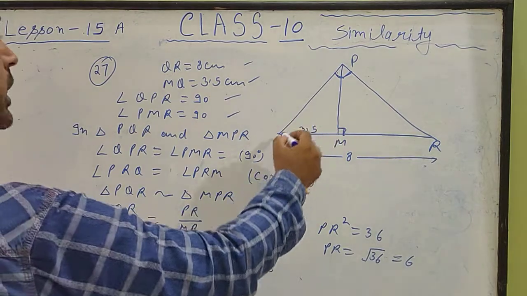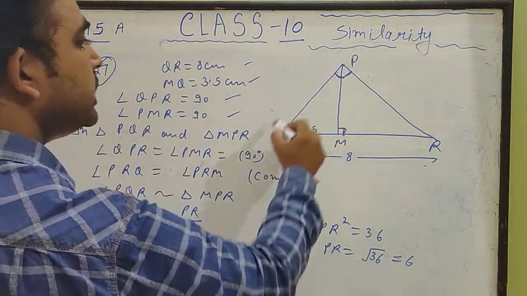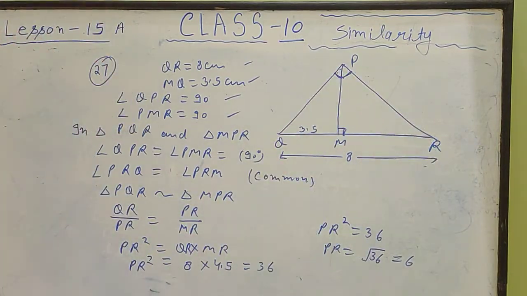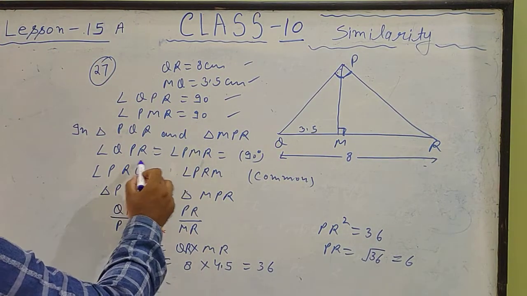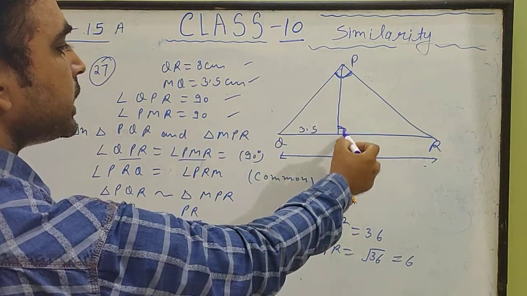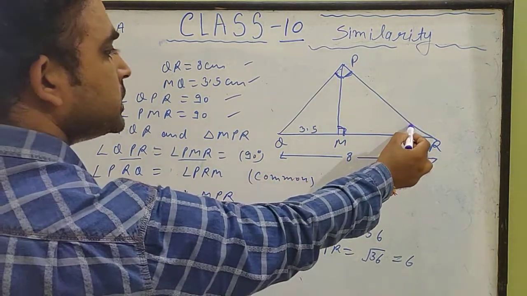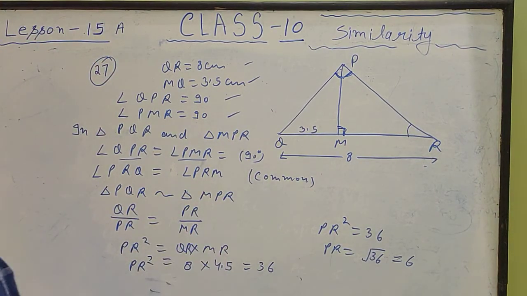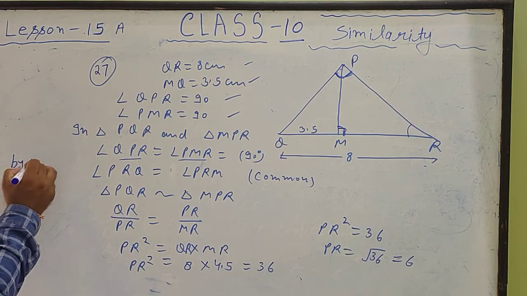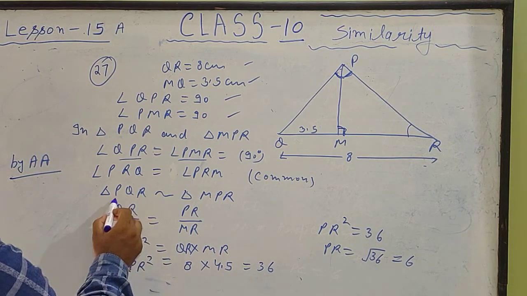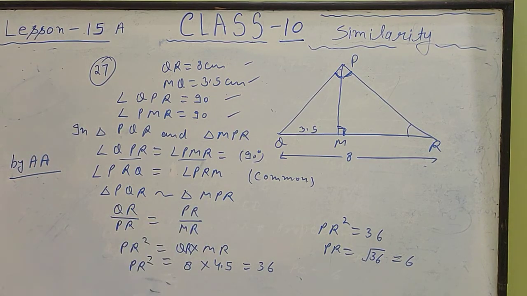So we take two triangles, the whole triangle PQR and triangle PMR. First, both angles QPR and PMR are 90 degrees, and this angle is common in both triangles, so PRQ is equal to PRM, common. Now by the angle property, both triangles are similar to each other. So triangle PQR is similar to triangle MPR.